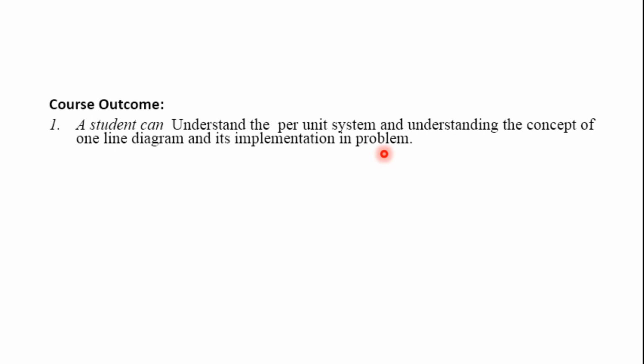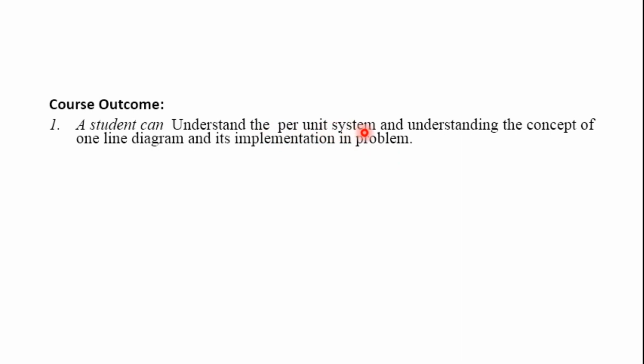Because in a system we have different ratings, like in the generator, transformers, transmission lines, and the load as well. It is very difficult to understand with respect to one rating to another rating. That's why the per unit system plays an important role.